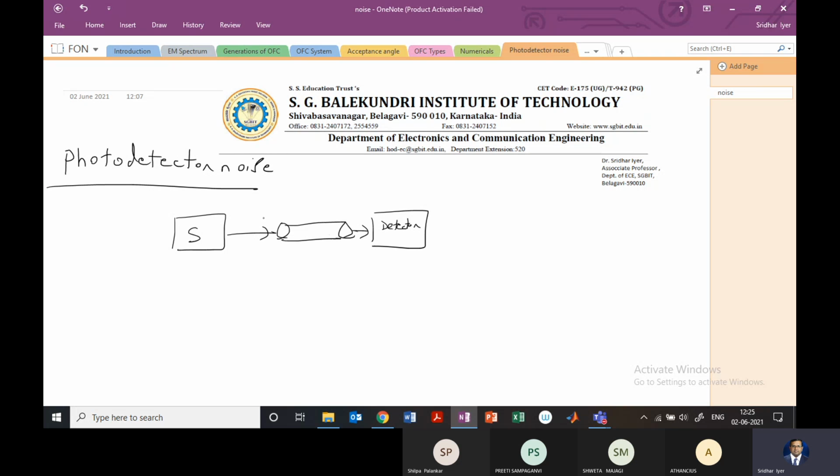Because of the error in the source, this input is going to be weakened in its amplitude or strength. Then it passes through the optical fiber, which introduces its attenuation and dispersion. Therefore, the light that we receive at the input of the detector is very weakened. By weakened, we mean its amplitude level will be very, very low.